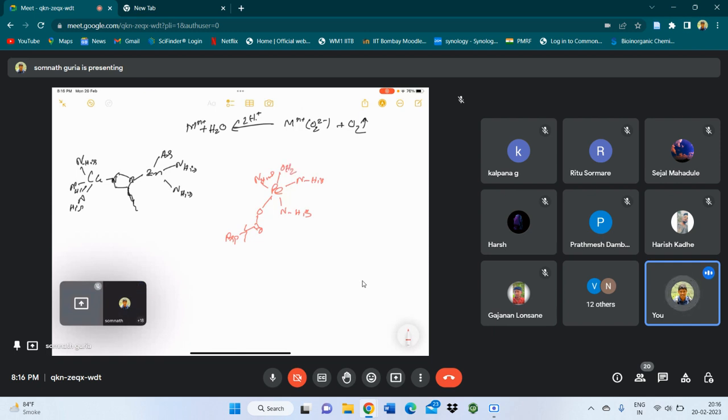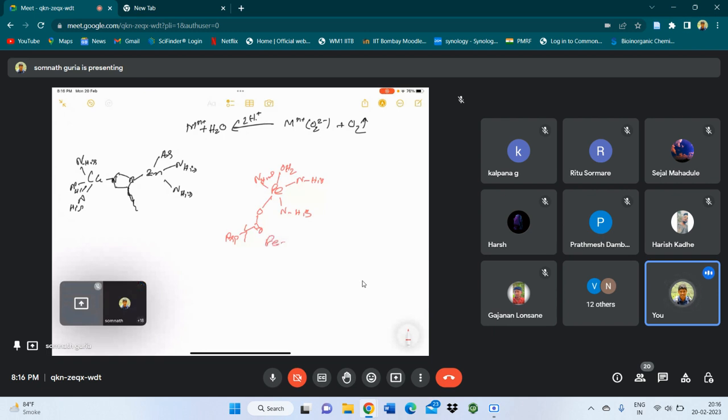Okay, this is the iron superoxide dismutase, FeSOD, and the manganese one.